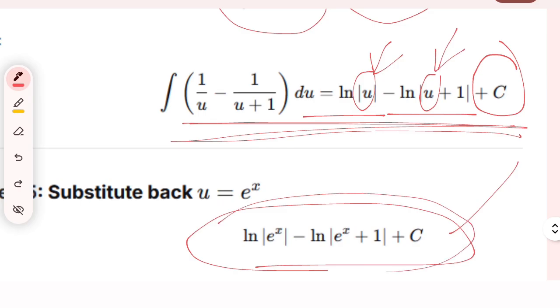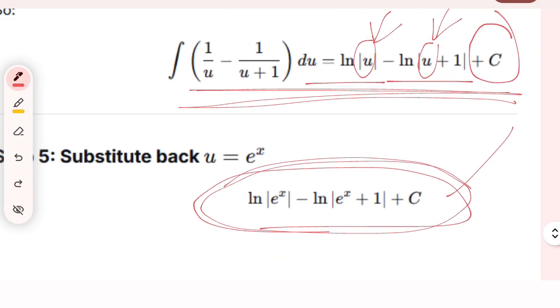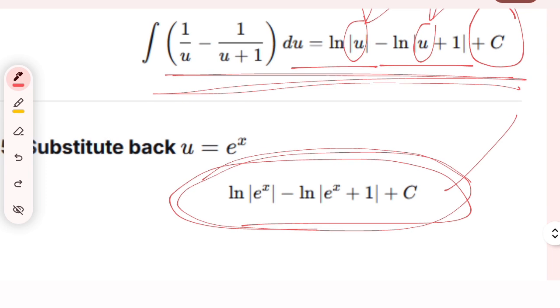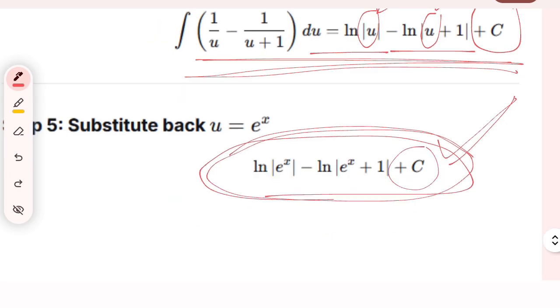So this is the answer now. We substituted back the u, which is e to the x. And the final answer will never have a u, but only e to the x. And of course, the plus c.